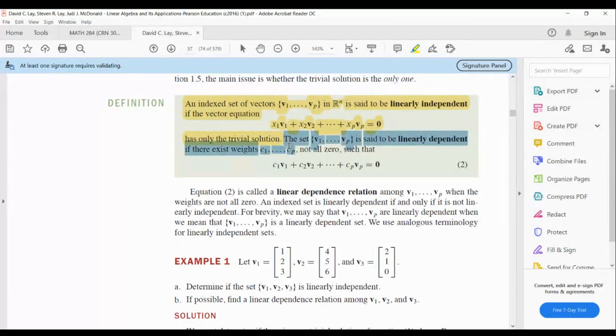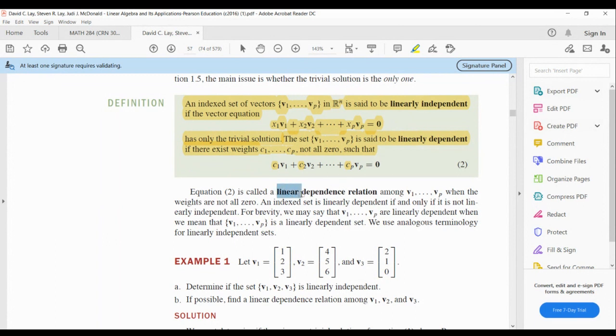The set of vectors, however, will be linearly dependent if there's a linear combination of the vectors that equals 0, but not all of the weights equal 0. In other words, at least one of those weights is not equal to 0.